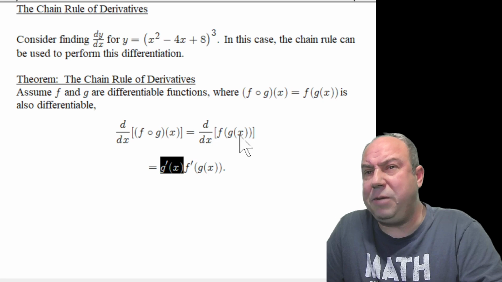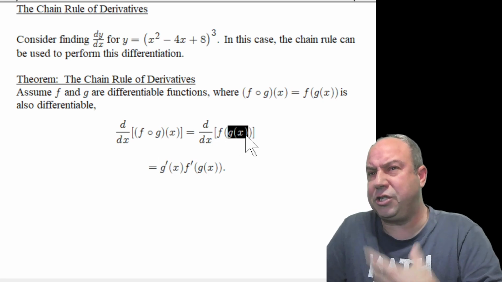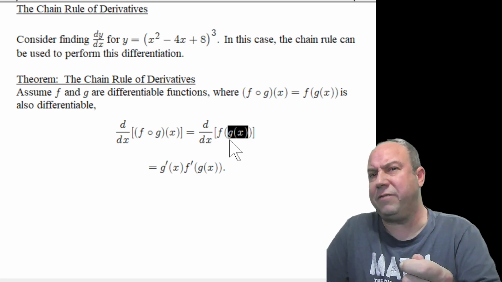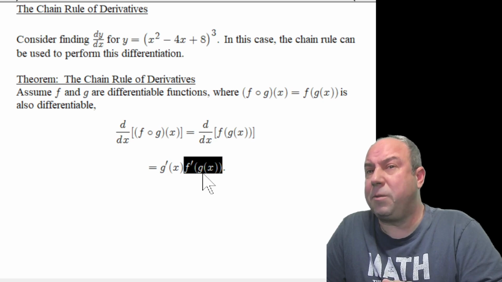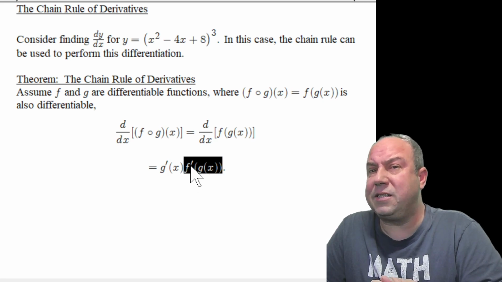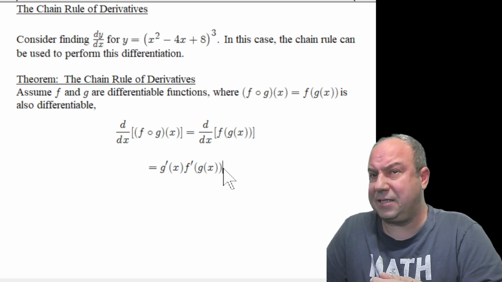It is going to be g prime of x. It is going to be that interior function in the composition, that independent value g of x, its derivative, multiplied by what here is f's derivative recomposed with g at x.